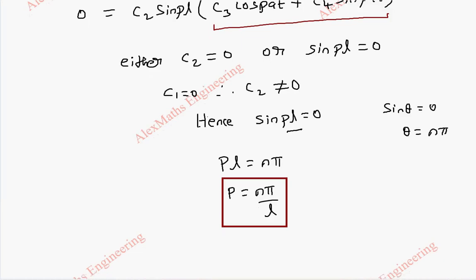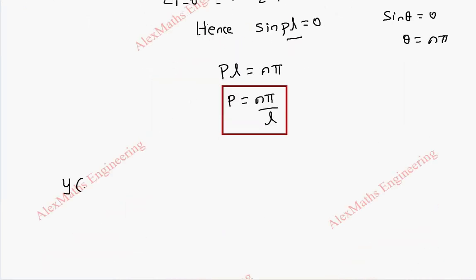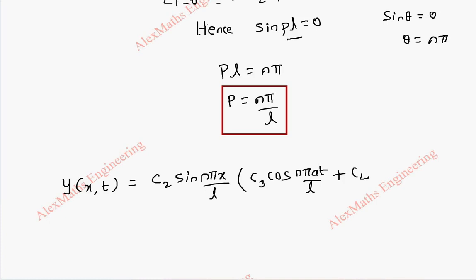So y(x, t) equal to c2 into sin px, so sin(n pi x/L), into (c3 cos pat, so cos(n pi a t/L), plus c4 sin pat, so sin(n pi a t/L)).